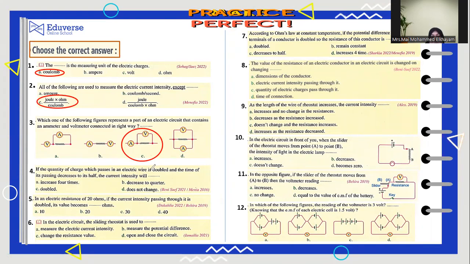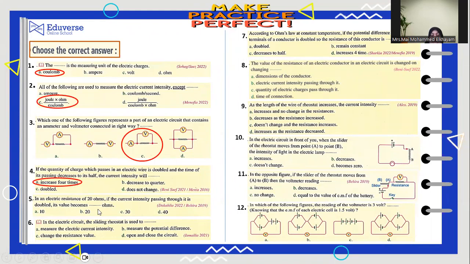The quantity is doubled, so 2Q over half T, 0.5 T. If we simplify, 2 divided by 0.5 will give us 4 I. So the current intensity will increase by 4 times.